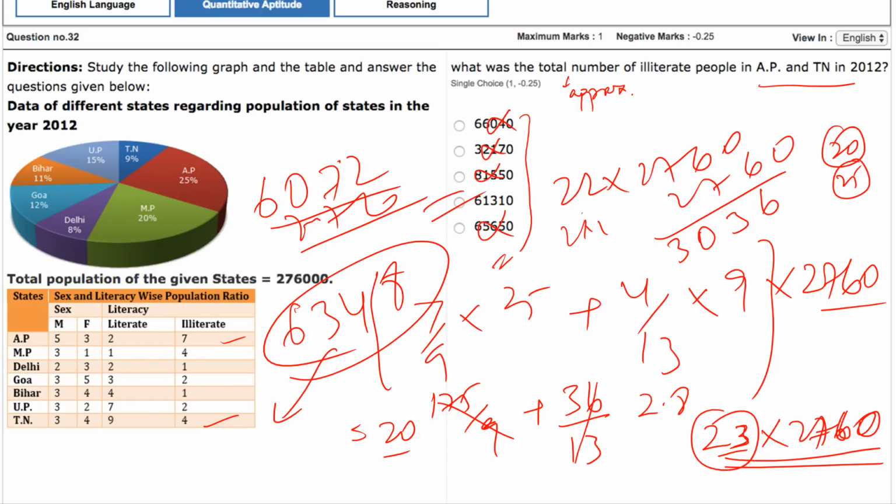Trust me, I will not do it in exam, but if these are the only 10 questions I can do in exam, this is how I will think about it. This is not actual. I would not have divided. I would love to see it as an actual number, but just look at the numbers, by 13, by 9, here 276 by 13. You know that this number cannot be a whole number.